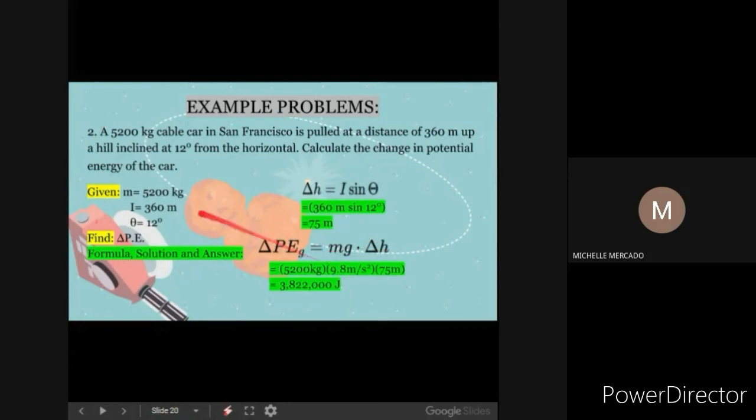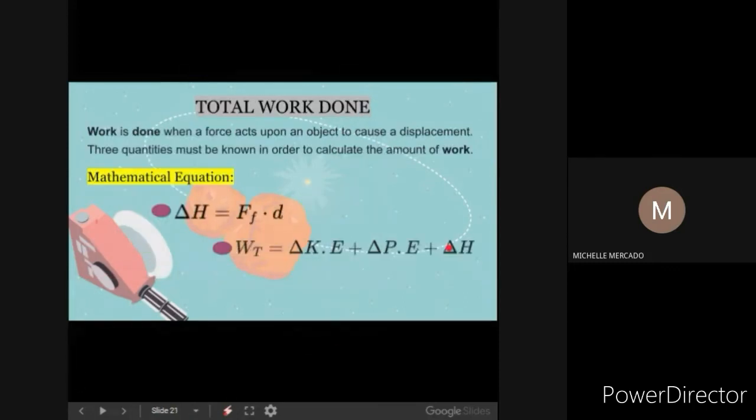Again, transpose the given. Ang given mass natin is 5,200 kilograms multiplied by 9.8 meters per second squared multiplied by 75. So the correct answer will be 3,822,000 joules.